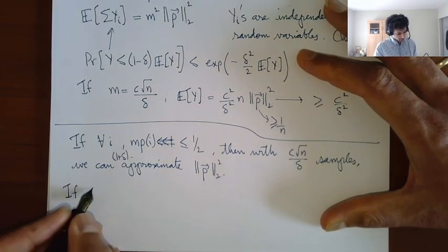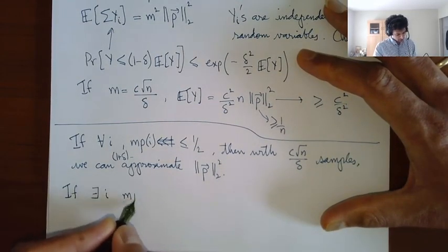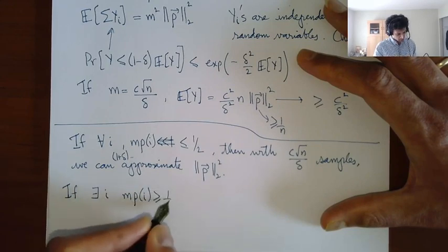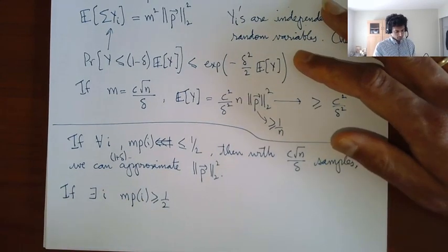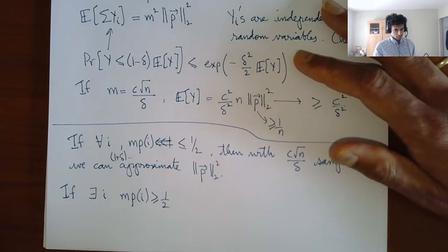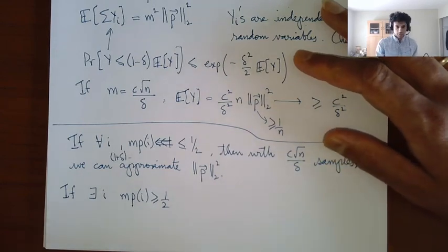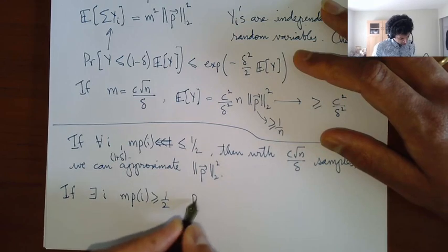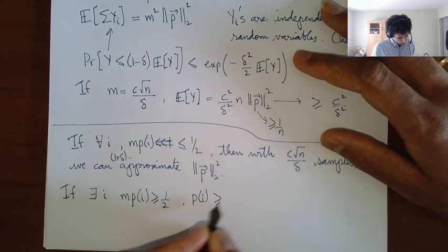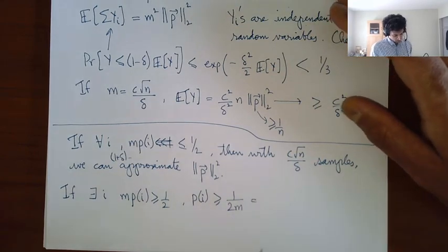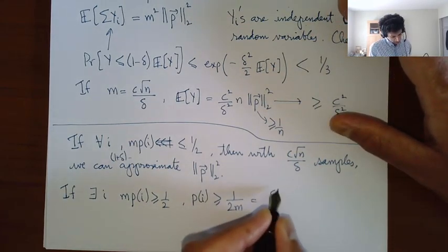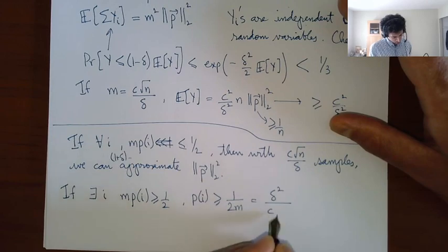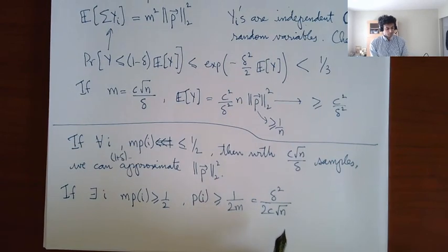Now, if there exists an i where MPI was greater than a half, what does this mean? This means that there is a pi which is more than 1 over 2m, which is essentially, there is a pi which is more than delta square divided by 2c root n. So there is actually a probability that is more than 1 over root n.